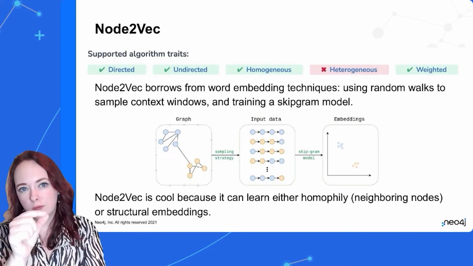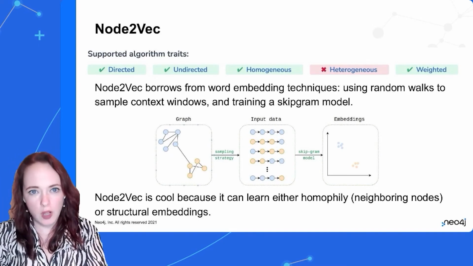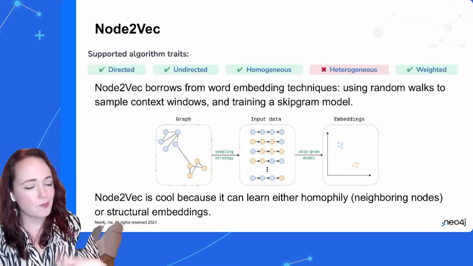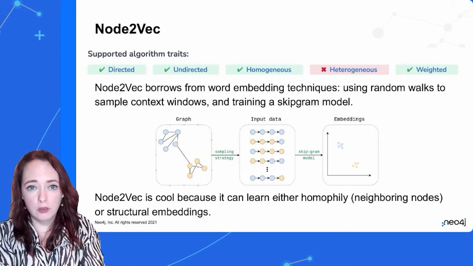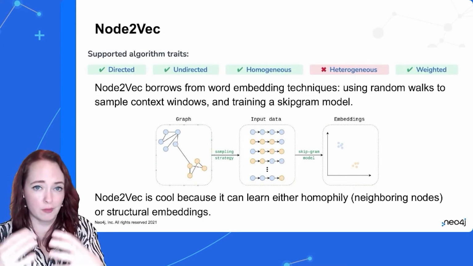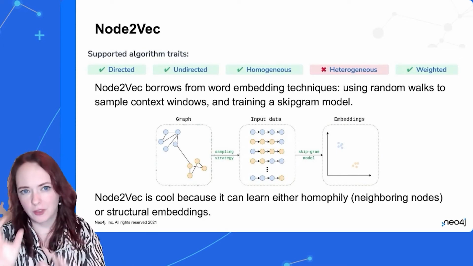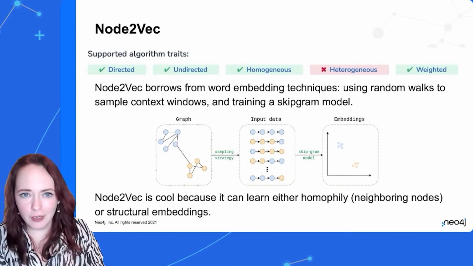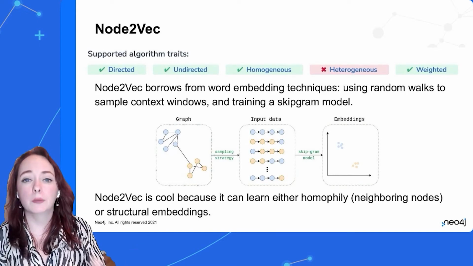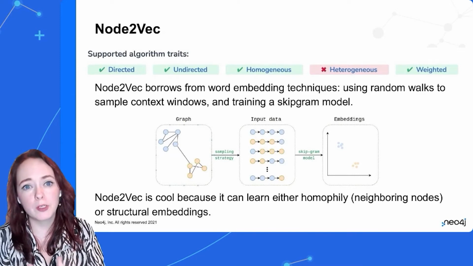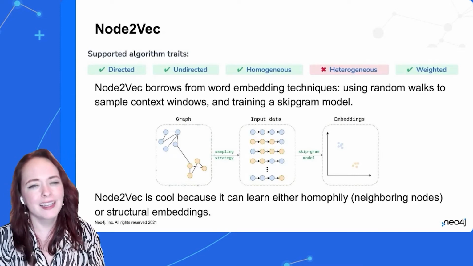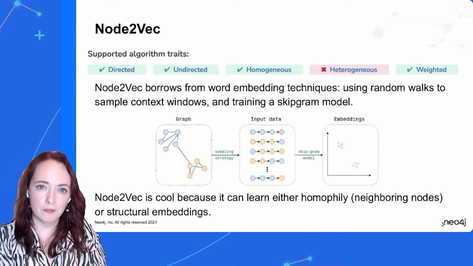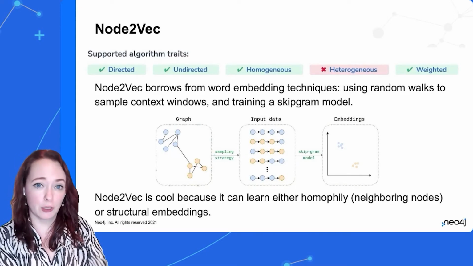I take every node in my graph, I take n random walks, I put those random walks together, I treat them like sentences in Word2Vec. So given a node, what's the next node? I train my skipgram model, it's a type of neural network, take out the hidden layer of that, that's my embedding, I'm good to go. And by tweaking the parameters, I can learn different things. Because of how it works, it's a little slower, it uses a lot of memory, but it's a really good one to get started with.